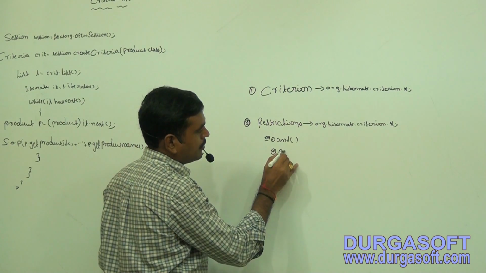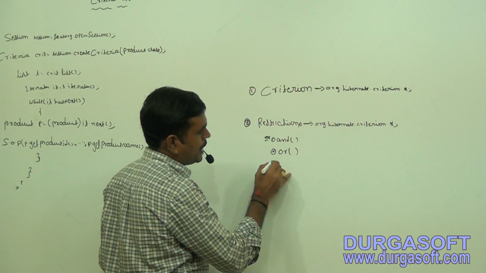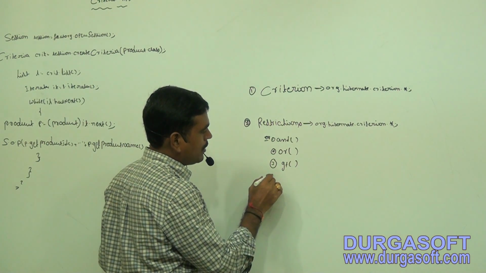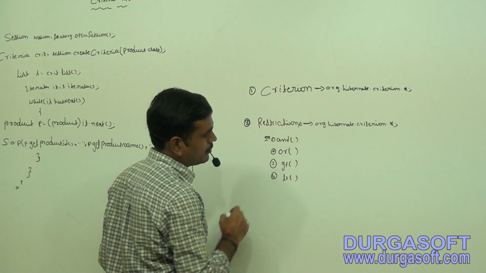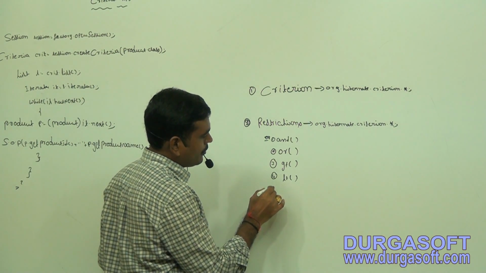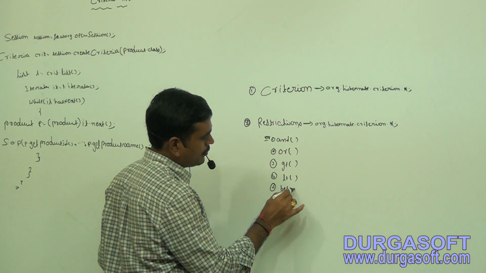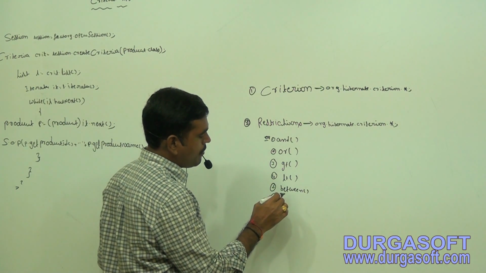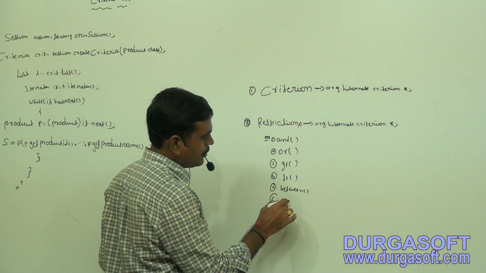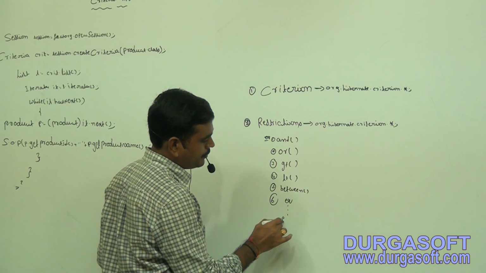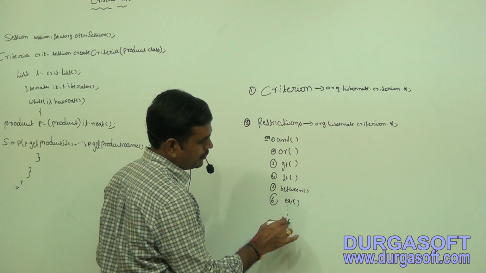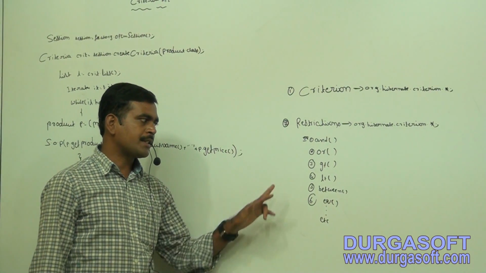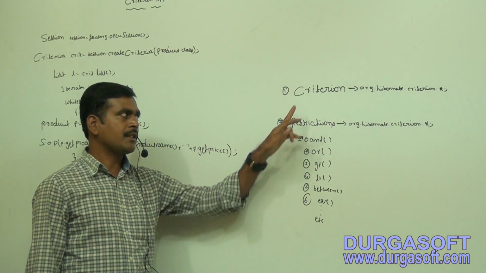For example, or, gt means greater than, lt less than, the next between, the next eq, etc. Different methods are provided by this Restrictions class. All are static methods. All the methods return type is what? Criterion.